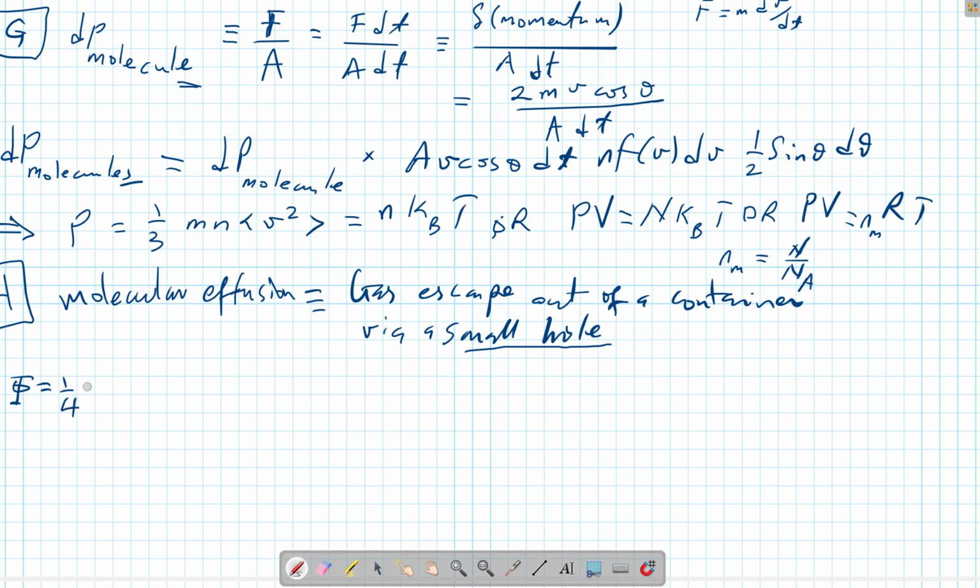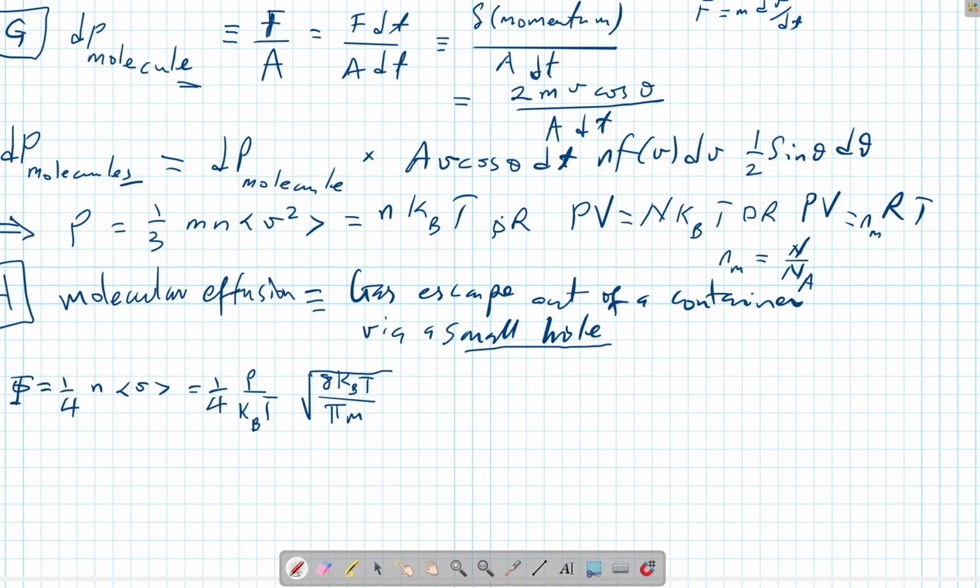We have derived that to be 1/4 n times the average speed. Substituting this, it is the same as 1/4 P divided by kbT times the square root of 8 kbT divided by pi m.